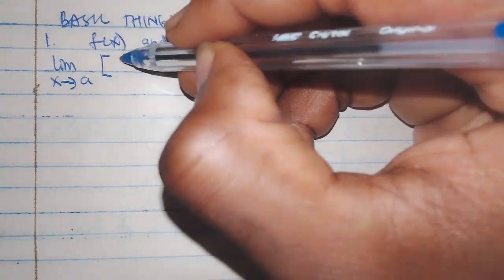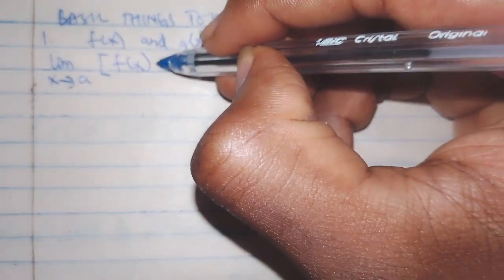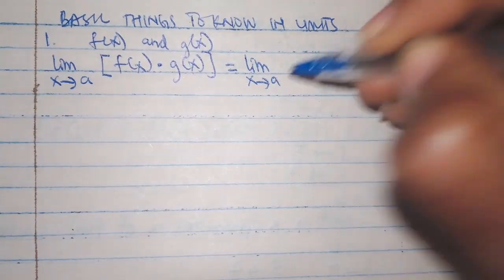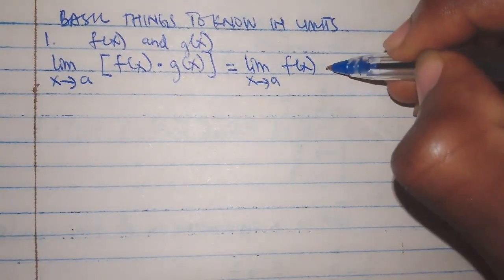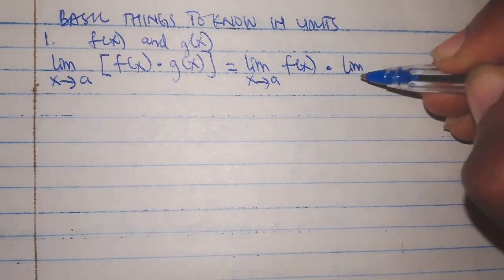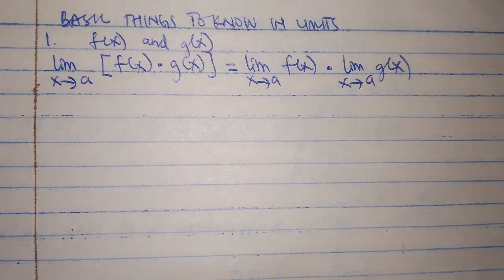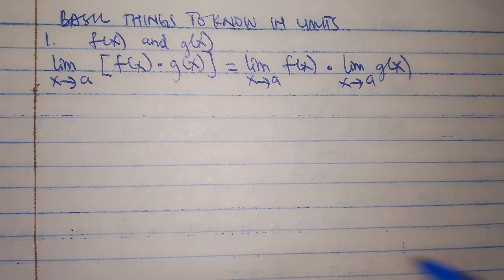The limit as x approaches a of f of x times g of x is equal to the limit as x approaches a of f of x times the limit as x approaches a of g of x. So these two are equal.